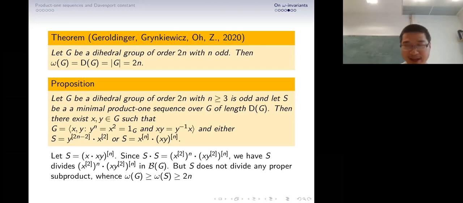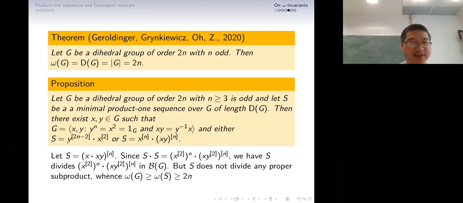I mean, the minimal product one sequence of length D(G), which means that there exists a basis generating set x, y such that S is y appearing 2n minus 2 times and x appearing 2 times, or S equals such a sequence where the terms x and xy both appear n times.